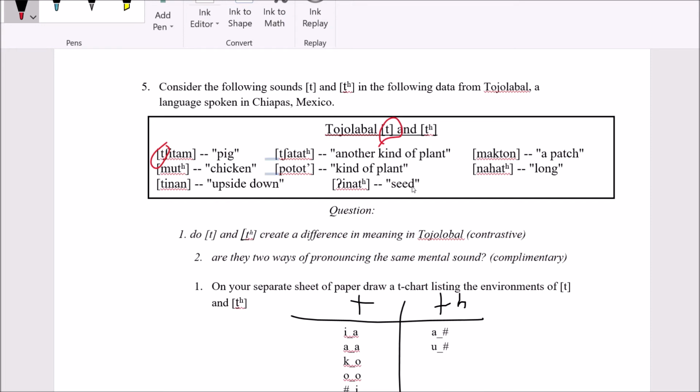That is an affricate, part of the voiceless palatal affricate.